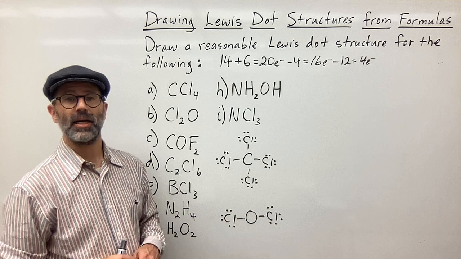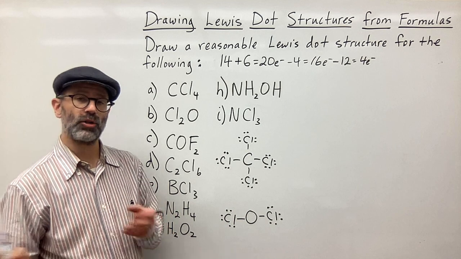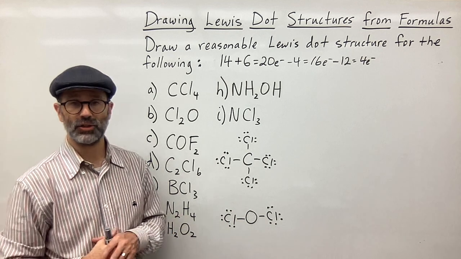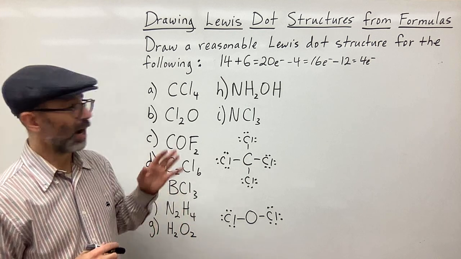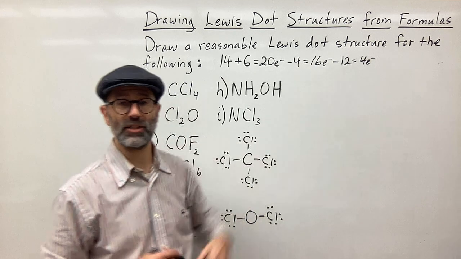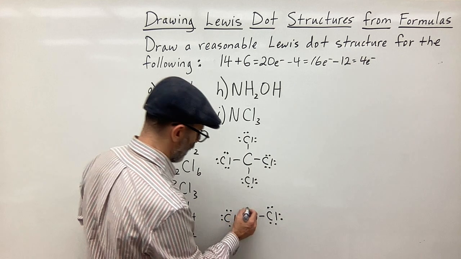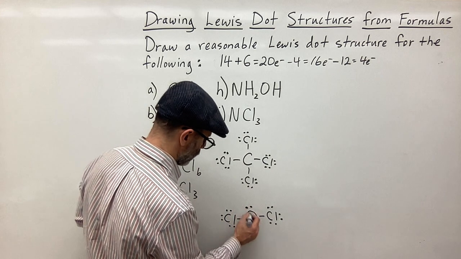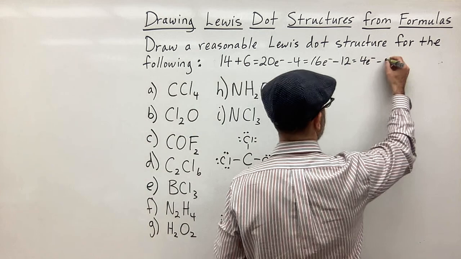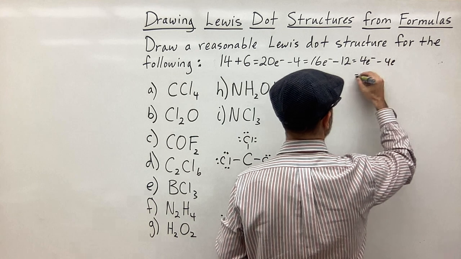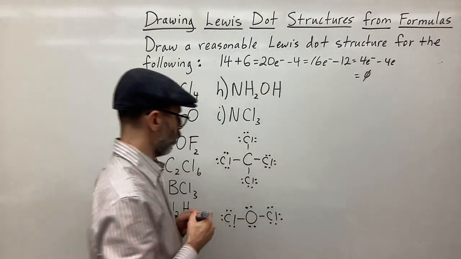Step 4 is if you have electrons left over, they're all going to be put onto the central atom as electron pairs. I have 4 electrons left over. That's 2 electron pairs, so I'm going to add that to oxygen, the central atom. I used up my 4 electrons, so no more electrons.